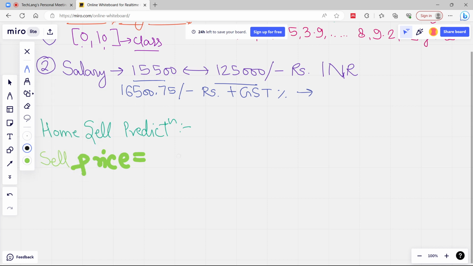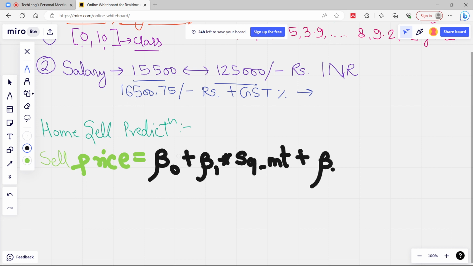Let me give this beta 0. This is beta 1 multiplied by the square meter area, plus beta 2 multiplied by the number of bedrooms in my flat. All right.